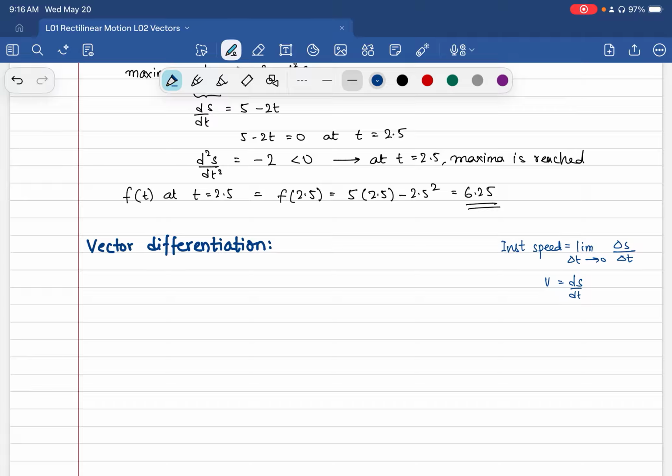Okay, so you have one vector here given by r of t, so that's the position. This here is at time t, and at time t plus delta t, it has now reached this position. So this is r of t plus delta t.